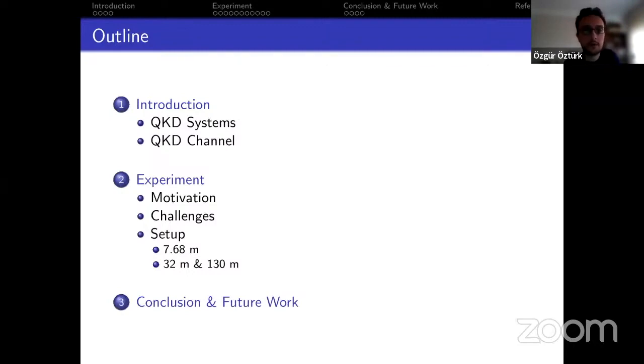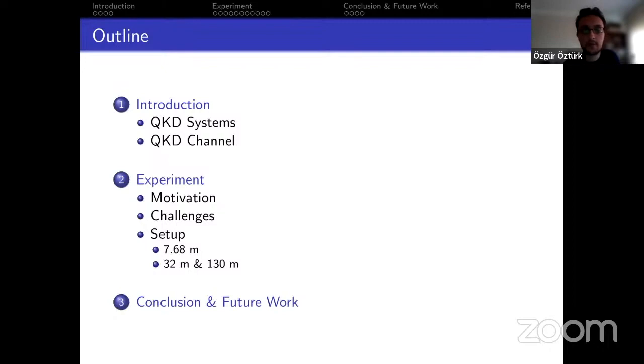In the introduction, I will talk about general QKD systems and the quantum channel options. In the experiment part, I will talk about our motivation, the challenges we faced, and the setup. I want to mention that we created basically 2 setups.